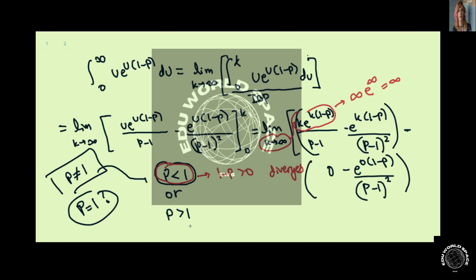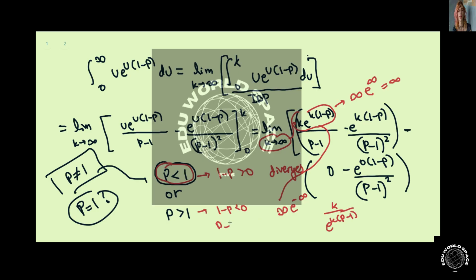On the other hand, if p is larger than 1, then 1 minus p is negative, and this is a good thing because now we have e to the minus infinity because of the 1 minus p being negative. And this limit, if you rewrite this, so now I'll write it as p minus 1.